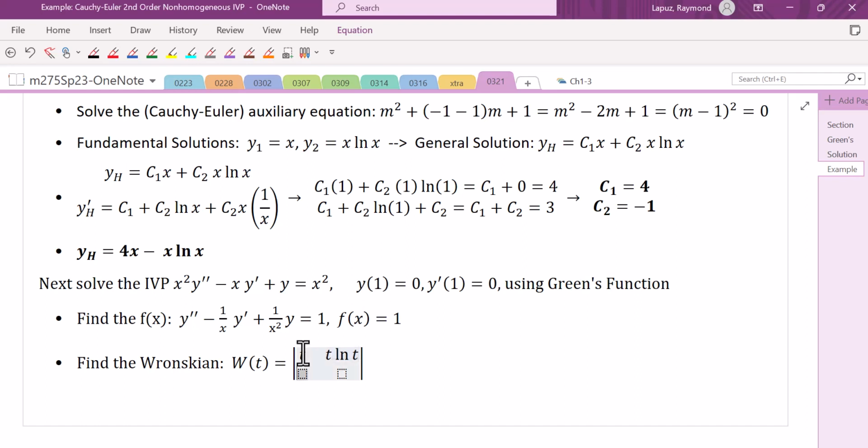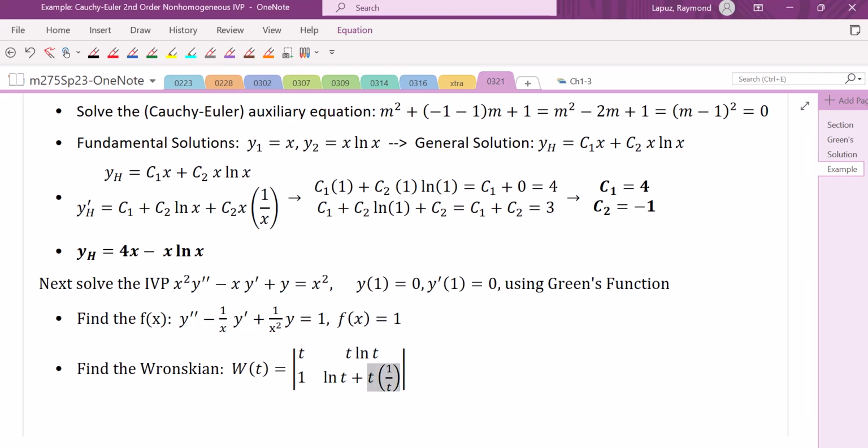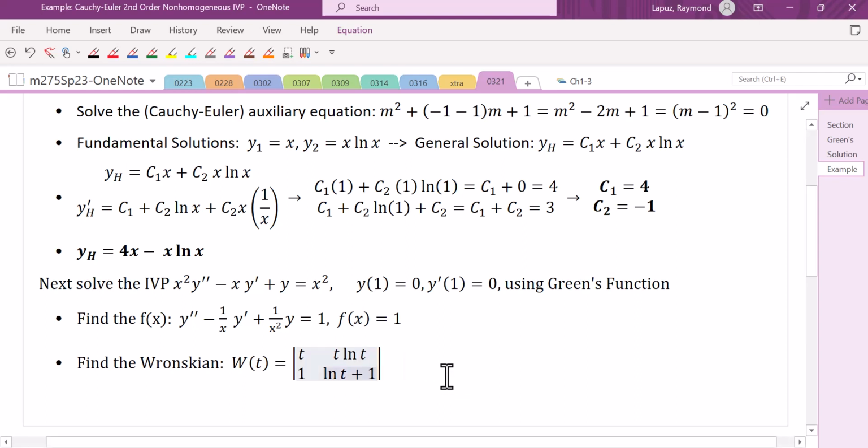And so the derivative of the first function is 1, the derivative of the second function is the derivative of the first times the second plus the first times the derivative of the second. Well, the derivative of ln t is 1 over t, and so we have t divided by t, which is just going to be 1.